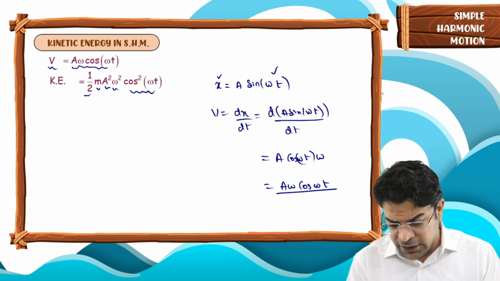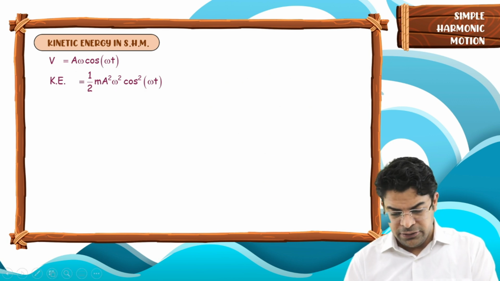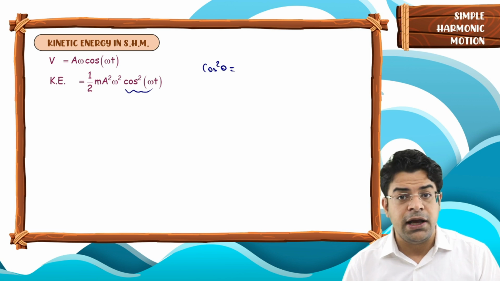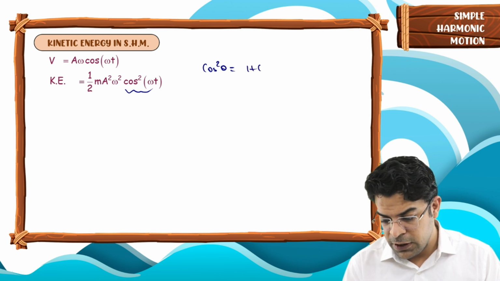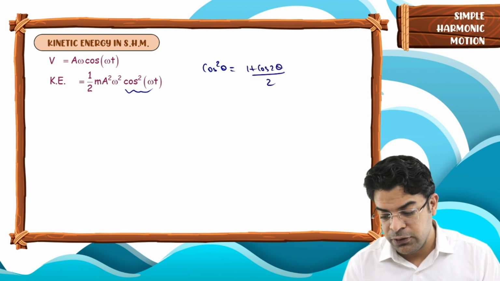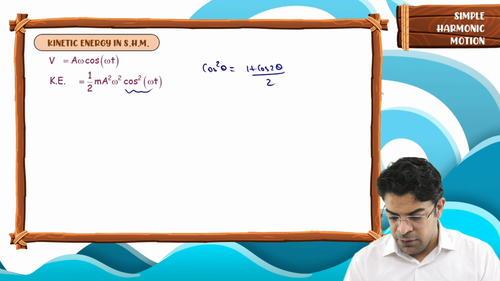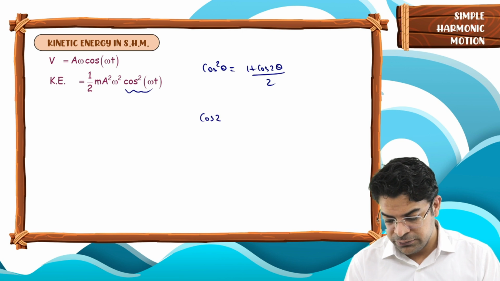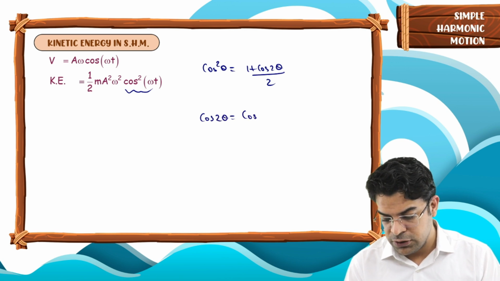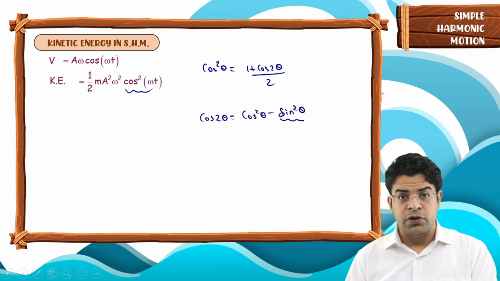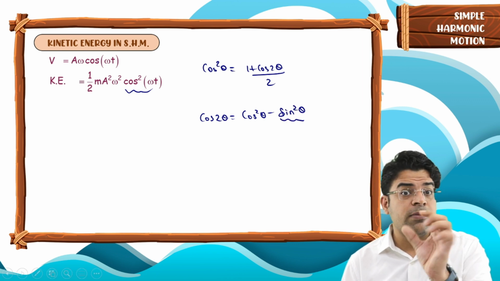Now, what we can do with this? You can say, sir, we know that cos square theta can be written as 1 plus cos 2 theta by 2. Sir, how do you know? Let's see. We know that cos 2 theta equals cos square theta minus sin square theta. Using the trigonometric identity, in place of sin square theta you can write 1 minus cos square theta.